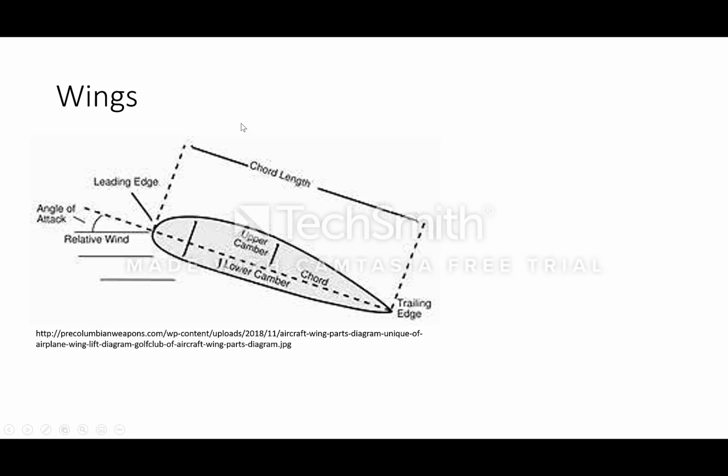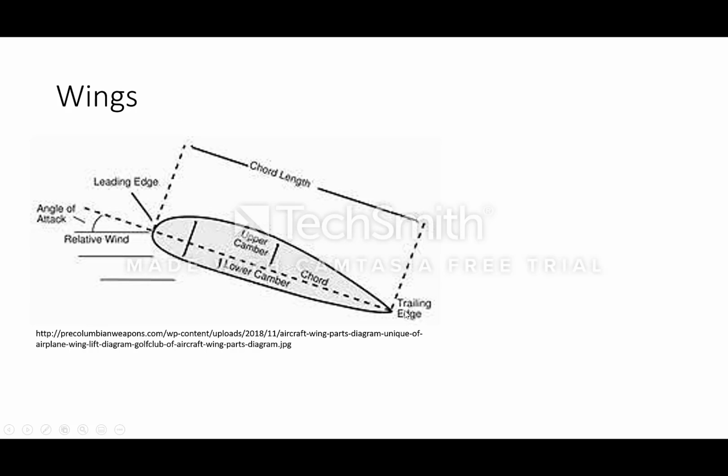And this goes back to the video about how airplanes fly from our previous PowerPoint on forces of flight. The wind is coming in, that's these horizontal lines, okay? Those just represent the wind. And the air molecules hit the wing on the leading edge, the edge that comes in the front. So some of the air is pushed above the wing and some of the air is pushed below the wing.